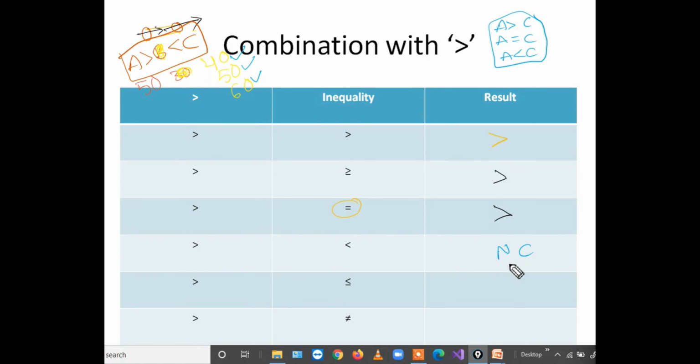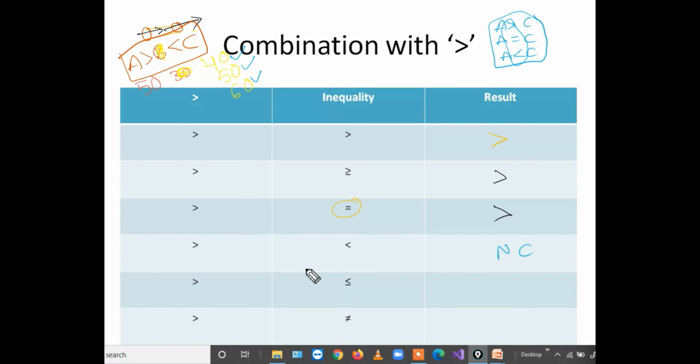No combination doesn't mean we cannot combine; if required, we can. But if you want to take the relation, you have to consider all three relations: greater than, less than, and equal to. So remember one point: whenever there is an opposite polarity, we need to consider all three relations. Otherwise, we can simply say no combination.